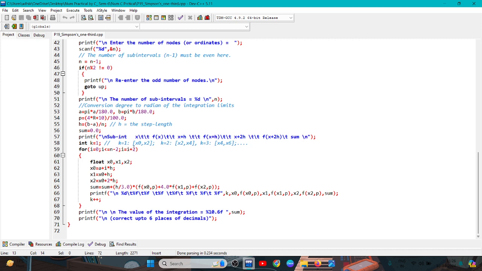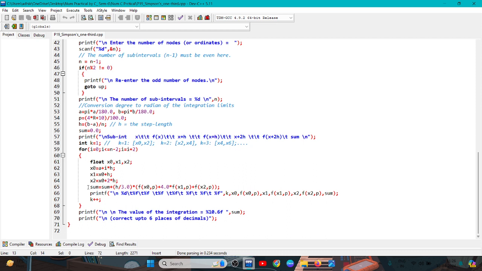Now we first apply this when k equals 1, in the first subinterval x0 x2, the Simpson's 1/3 rule within this interval x0 x2. Here float variables x0, x1, x2. So x0 equals a plus i, with i equal to 0, so x0 equals the lower limit, and x1 equals x0 plus h, and x2 equals x0 plus 2h.